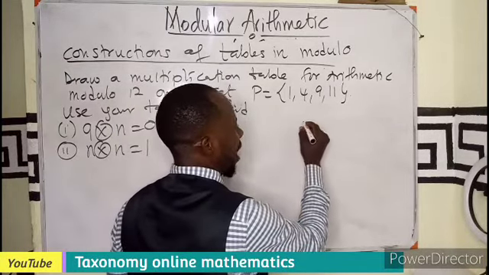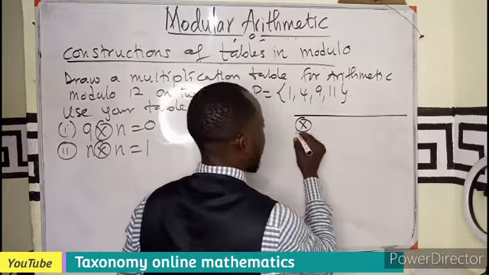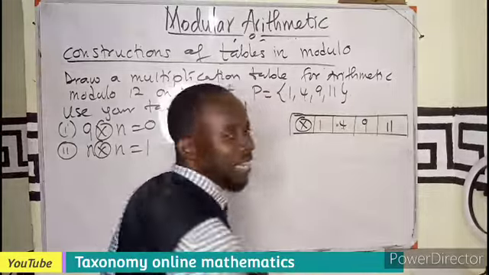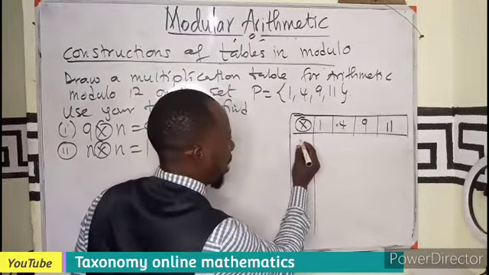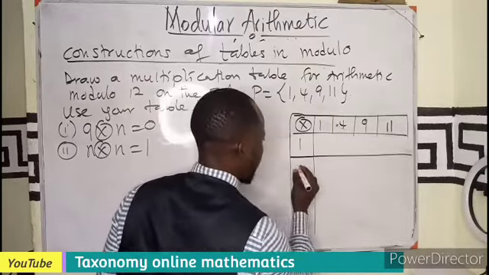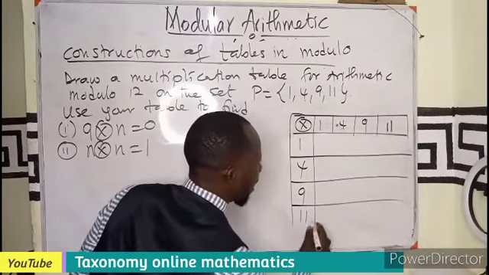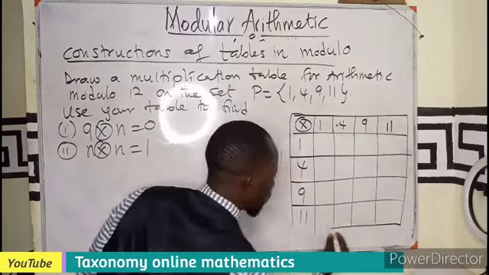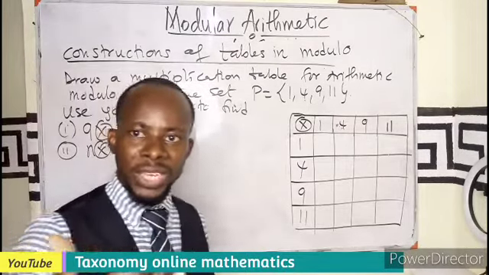If I have my multiplication in this 1, 4, 9, 11, we bring it down to have our 1, 4, 9, 11. Now we are going to perform the multiplication.